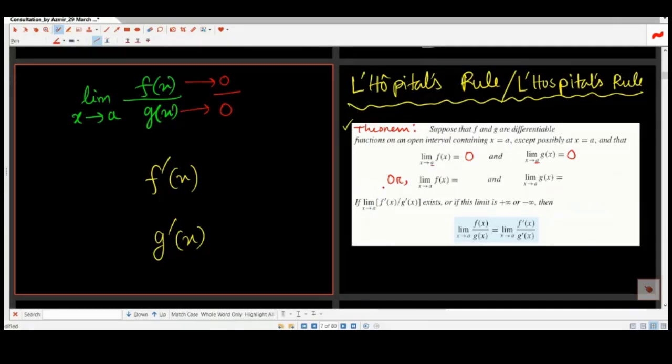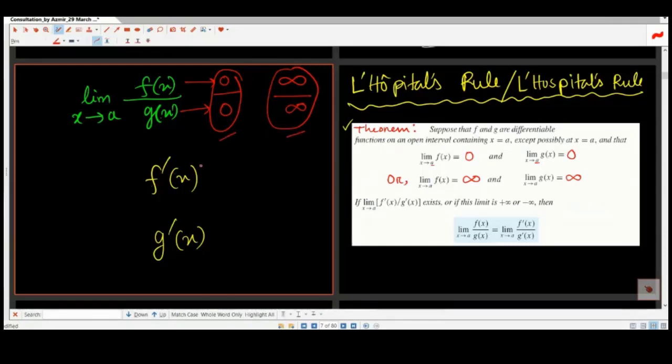We can also think in another way. If the limit of f of x goes to infinity and the limit of g of x also goes to infinity, that means we have infinity over infinity. So we have indeterminate forms of type 0 over 0 and type infinity over infinity, that is type 1 and type 2.